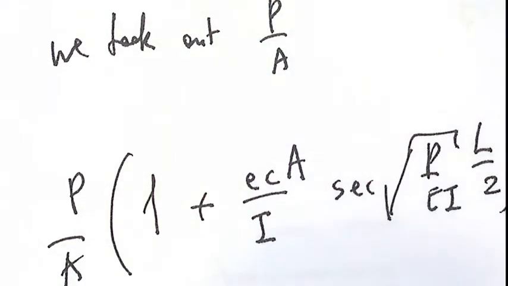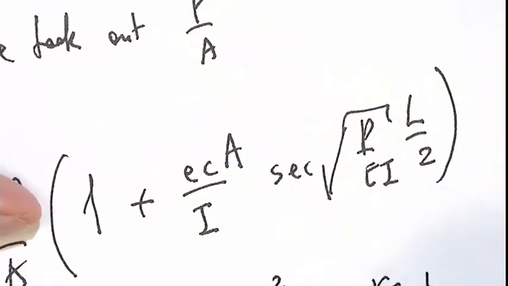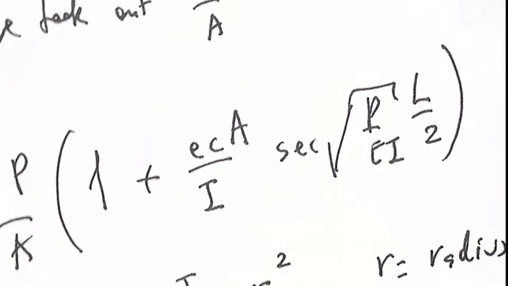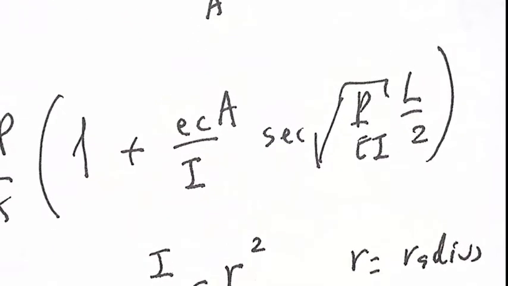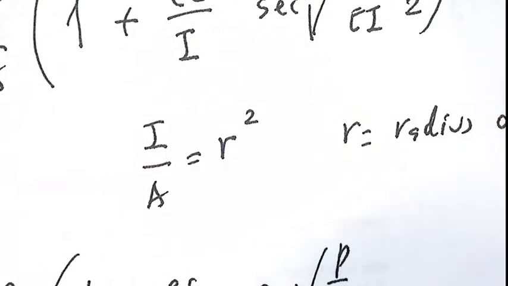Now I over A is the radius of gyration squared, r squared. So we get P over A times 1 plus e c over r squared, secant of square root of P over EI times L over 2.